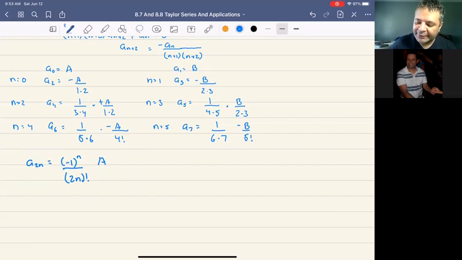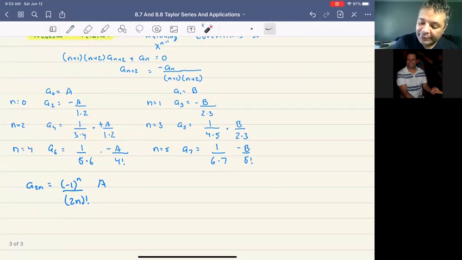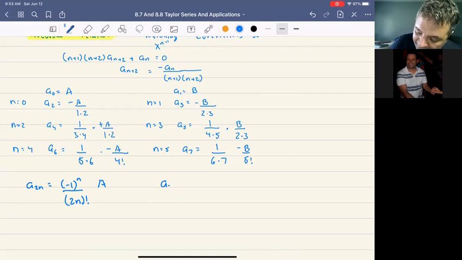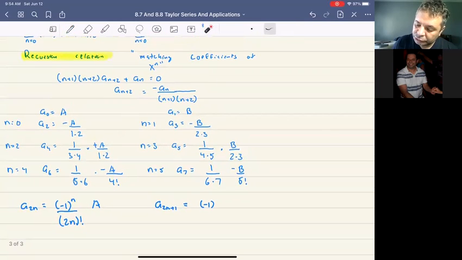Now let's look at these odd ones. Again, sign switching. When I'm doing odds, I'm going to write a sub 2n plus 1. I could do -1, but I just like +1 for whatever reason. The first one is positive, so for n equals 0, I want it to be positive.